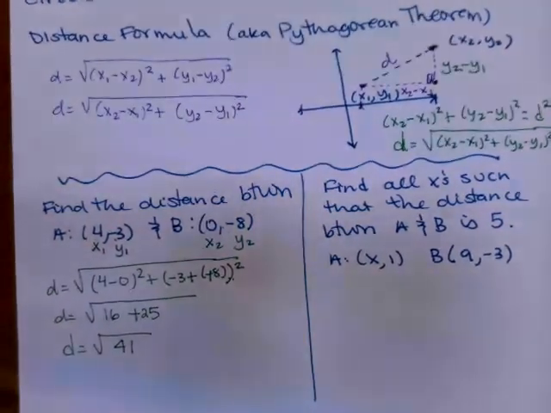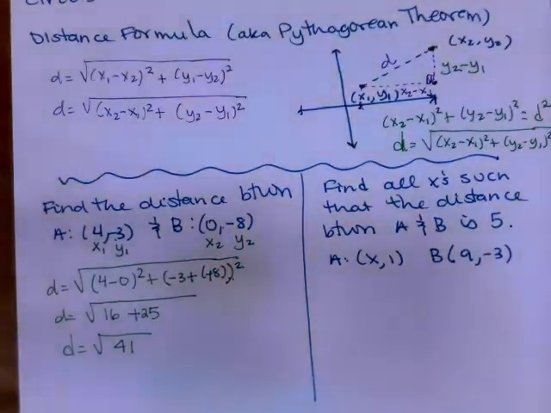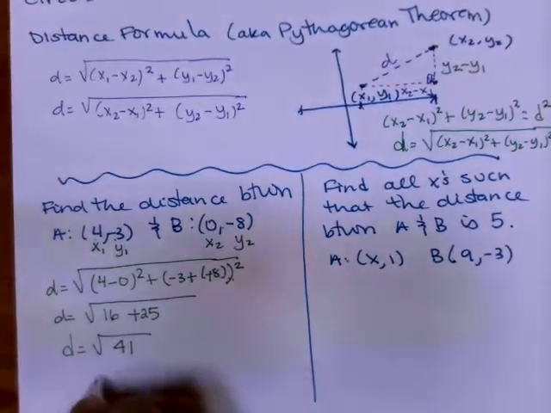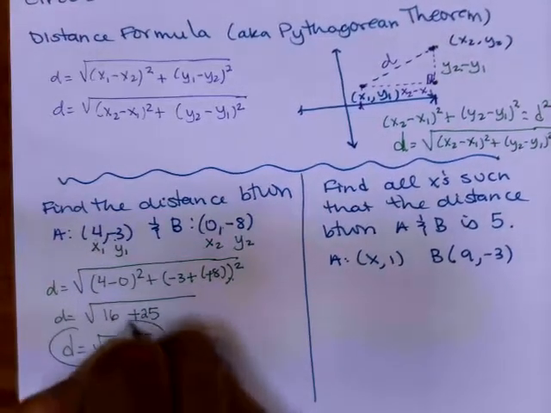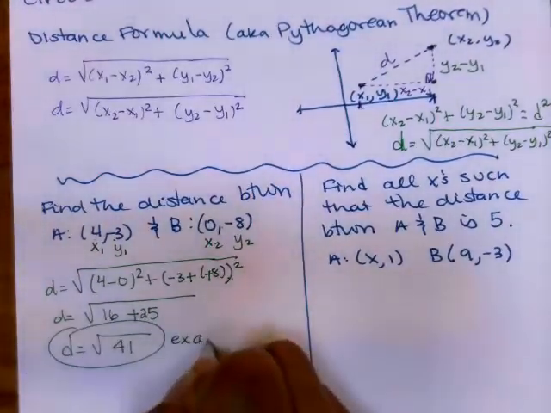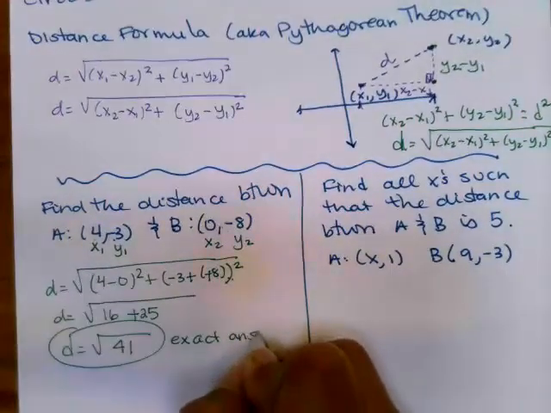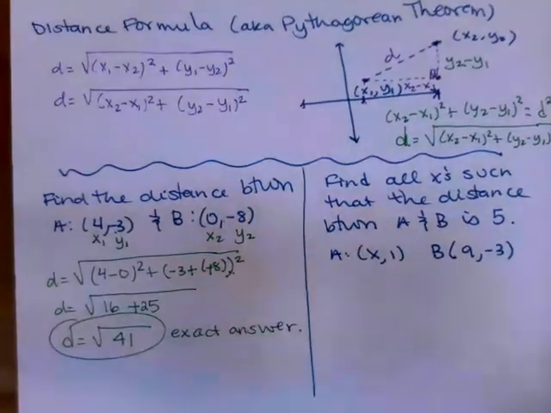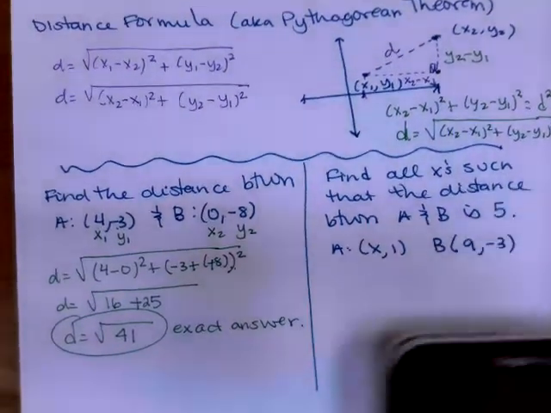Now, depending on how you're doing your homework, what your particular instructor prefers, your answer might look like this. This is what we call an exact answer. It has all of the information in it. There was no rounding that took place.